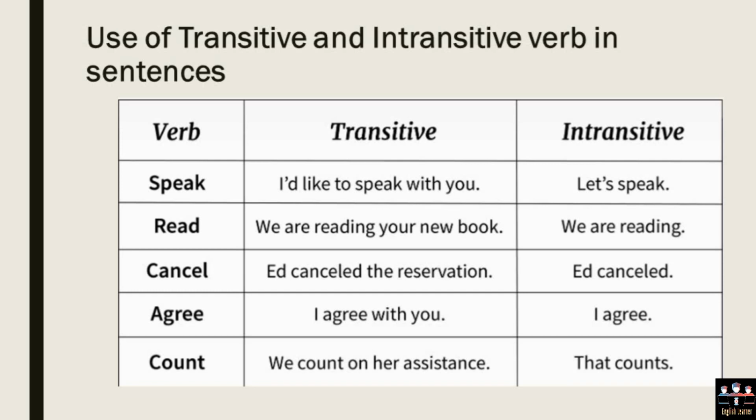Number two, the verb read. Now we are going to look at read as transitive as well as intransitive. We are reading your new book. In this example, read is in the ing form and it is delivering its meaning on the object, which is new book, or book.